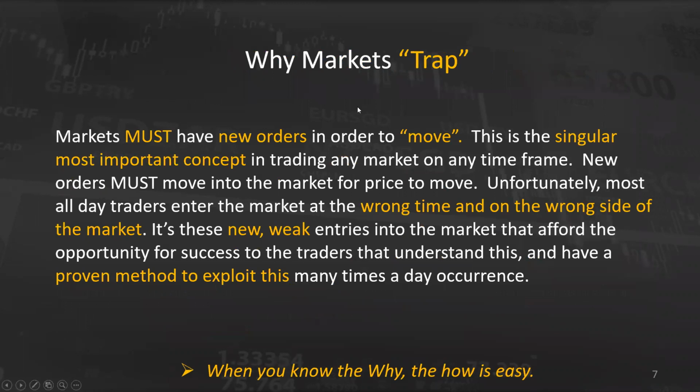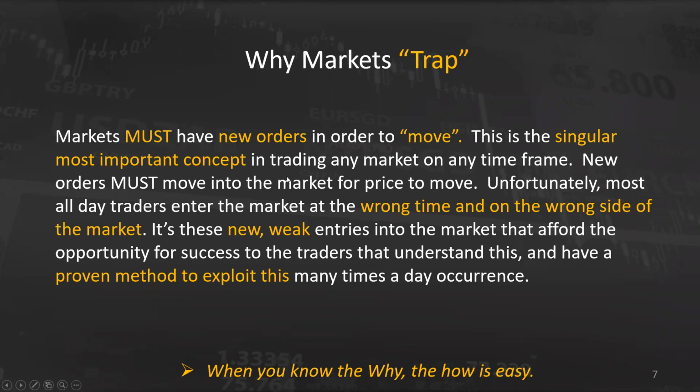Trader traps. Why do markets trap? That's important. If they do, the skeptics are going, I'm not sure they trap. They do. If they do, why? And see if this makes sense. Markets must have new orders to move. Without new orders, without buy and sell orders flowing into the market, in and out of the market all the time, the market stagnates.